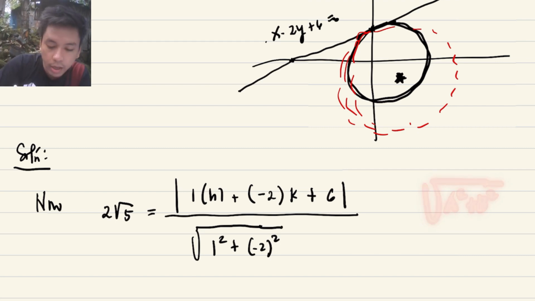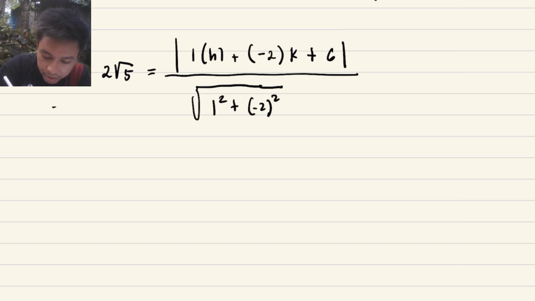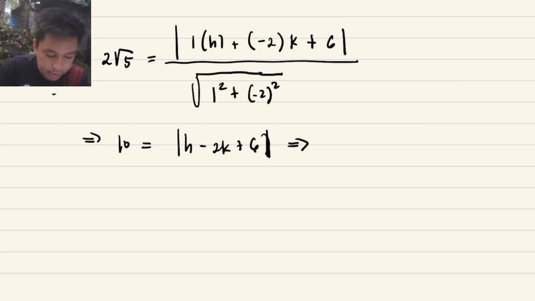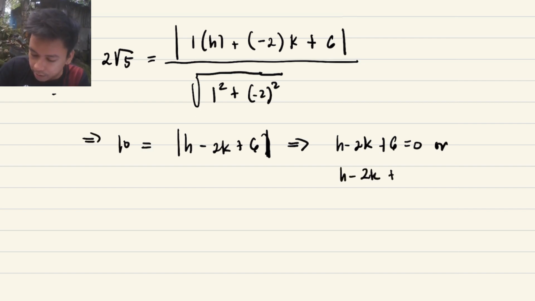Okay, and if I simplify this equation, this is 10 equals h minus 2k plus 6. This is the same as h minus 2k plus 6 equals 10, or h minus 2k plus 6 equals negative 10.